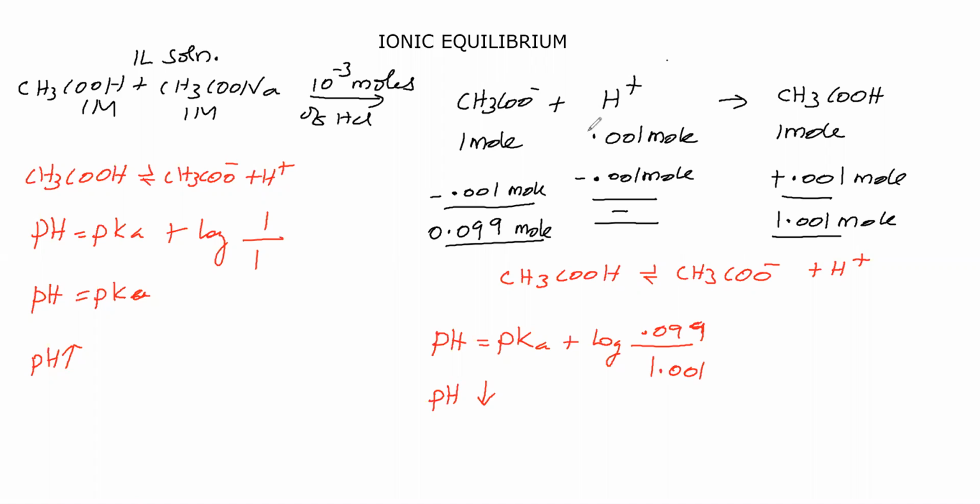Therefore, acetate ion consumes the H plus ions completely. Therefore, we are getting acetic acid. Due to the increase in the concentration of acetic acid, the dissociation extent of acetic acid increases. Therefore, H plus concentration increases here. But acetic acid is a weak acid. Therefore, however much the concentration of acetic acid increases, that much dissociation won't increase, since it is a weak acid.